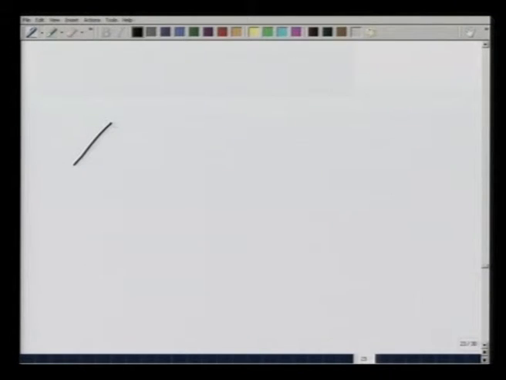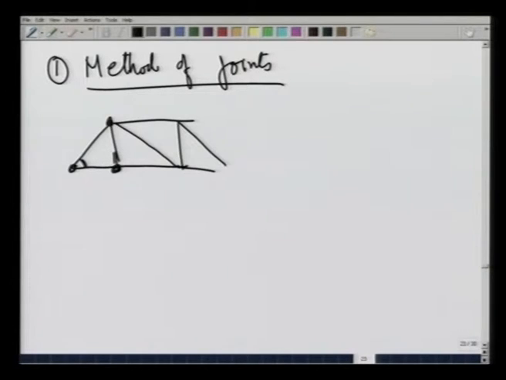So, I will take a simple truss like this, each angle being 45 degrees. These are the joints. You can see there are 6 joints. So, j equals 6, 2j minus 3 is 9, and there are 1, 2, 3, 4, 5, 6, 7, 8, 9 members.